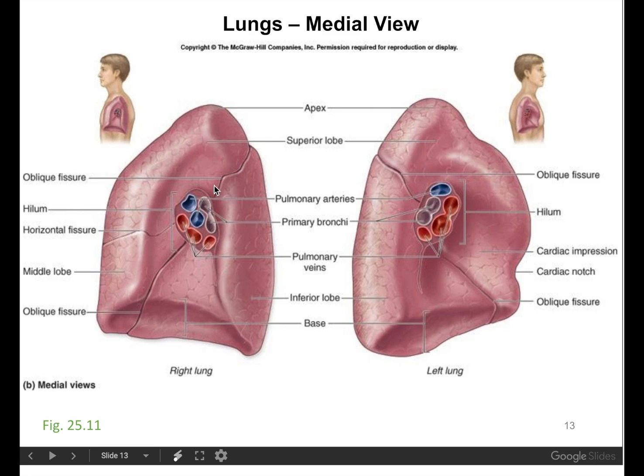So again, the hilum is just an area of the lungs where structures are coming in and out of the lungs. And there's also going to be some lymph vessels in there, but you just need to know the primary bronchi, the veins, and the arteries.